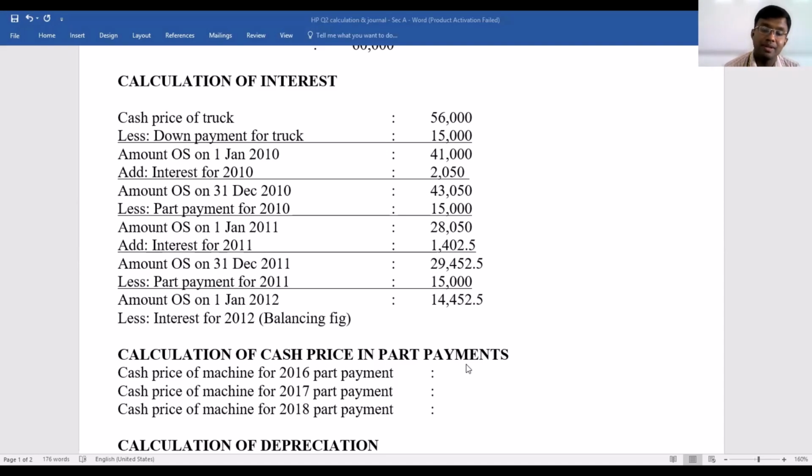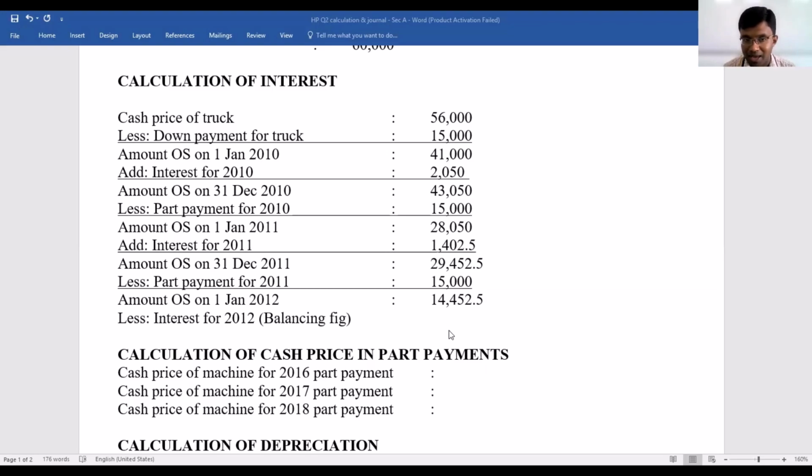But what you have to remember is that with the third year, the transaction is coming to an end. You can no longer afford to have any more outstanding expenses. So with that, we will have to wind up with the third year. That's the reason why we are taking the balancing figure.